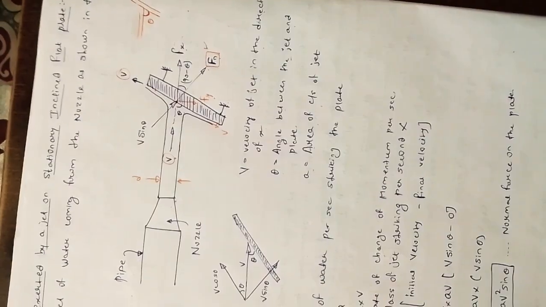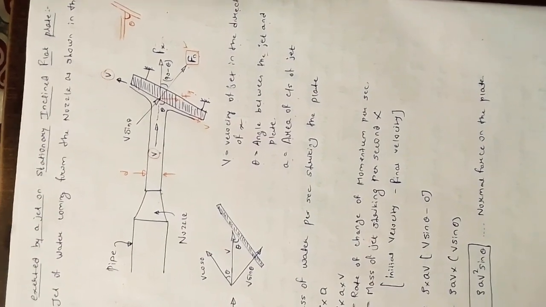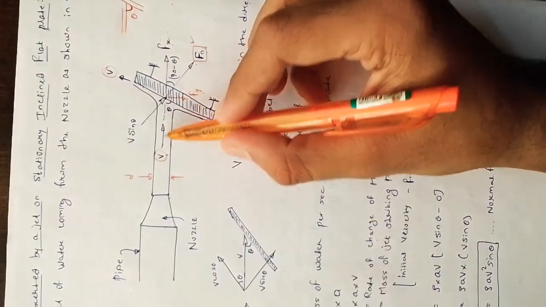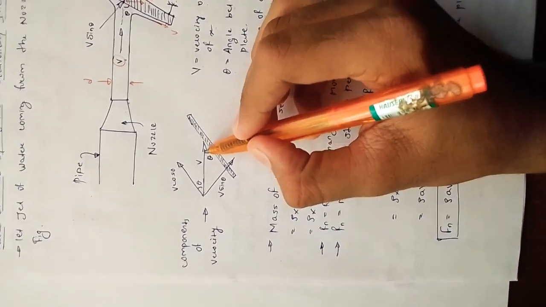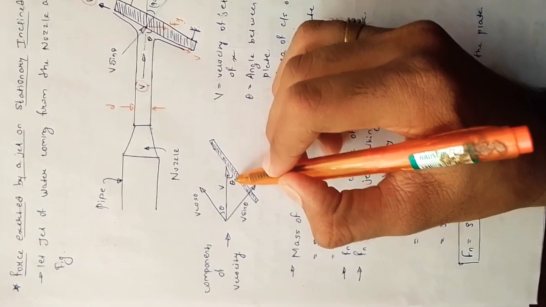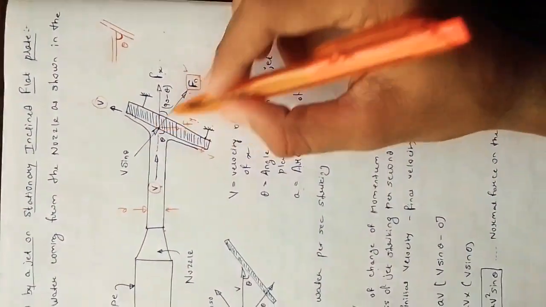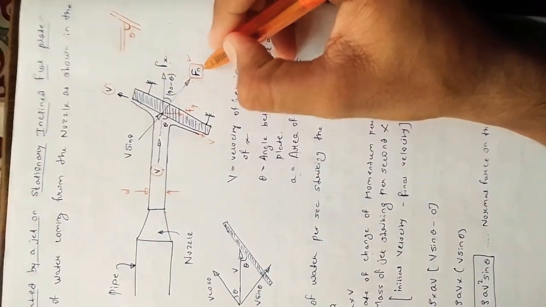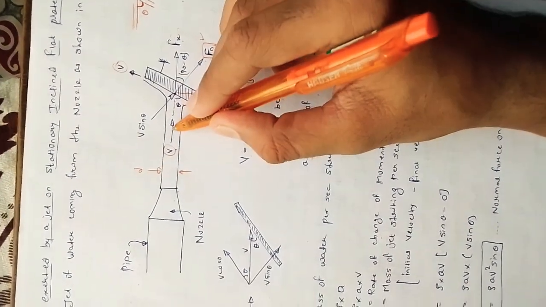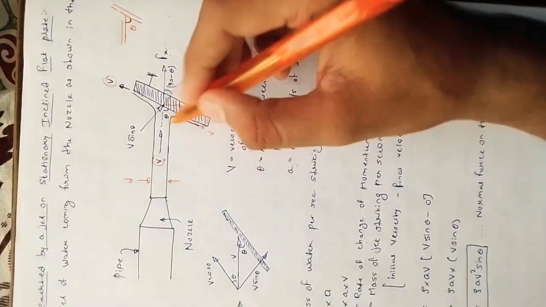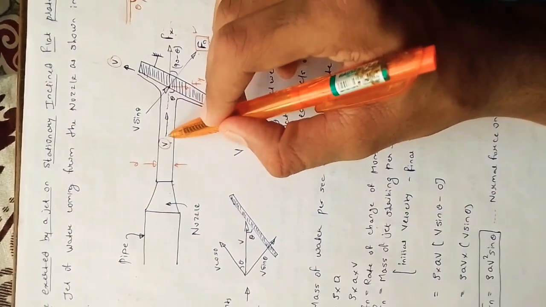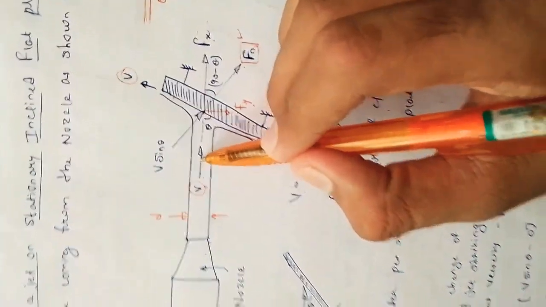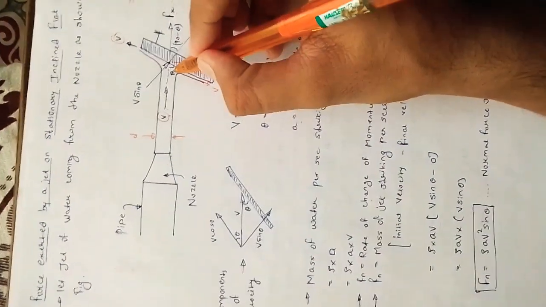For that purpose we will give the components of velocity. Suppose this arrow is v, and this is angle theta. When we talk about the normal direction, we should know the component of velocity in that direction, so we make components of this velocity using this theta.